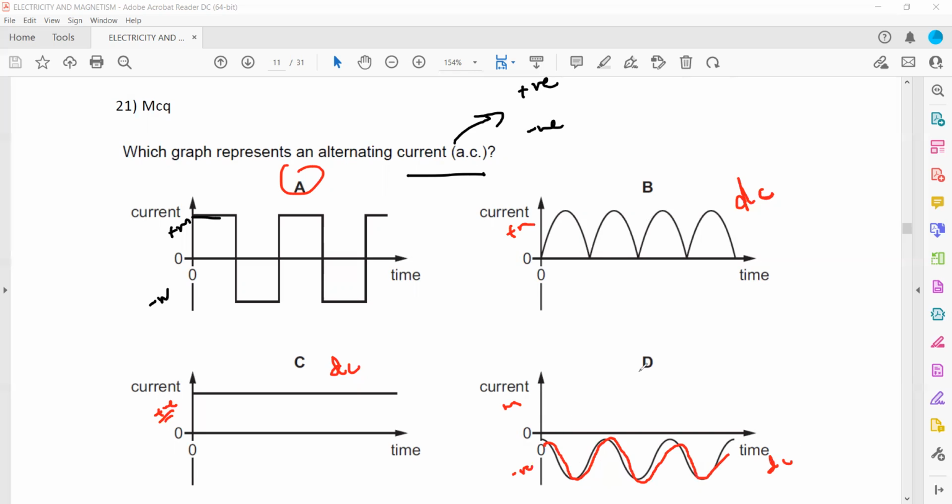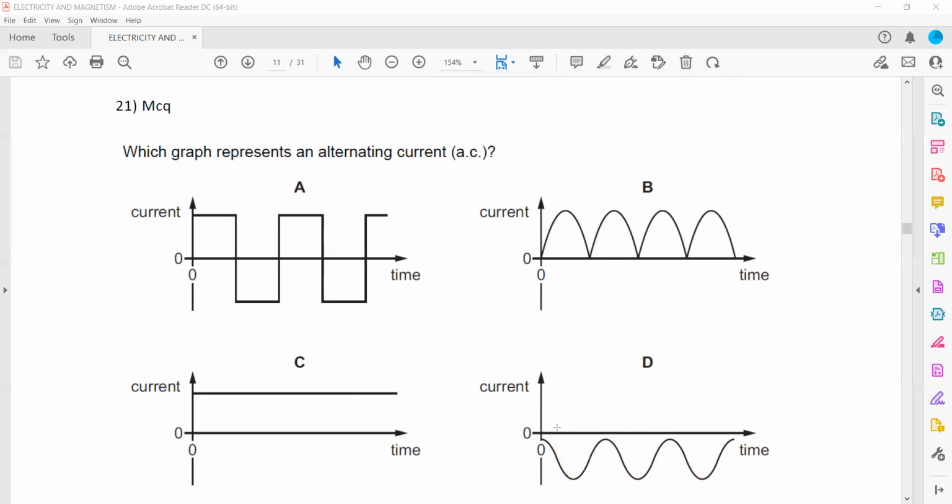For example, if option D was an AC current, we should represent it in this manner, in which we use both of the axes, the positive as well as negative. This will be AC. But because we are using only one part of an axis, options B, C, and D represent a DC current.